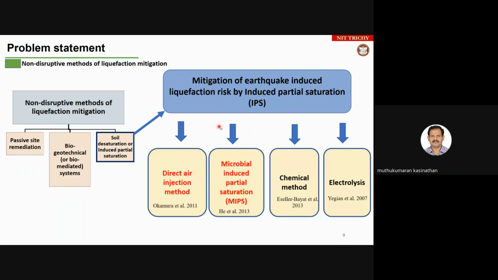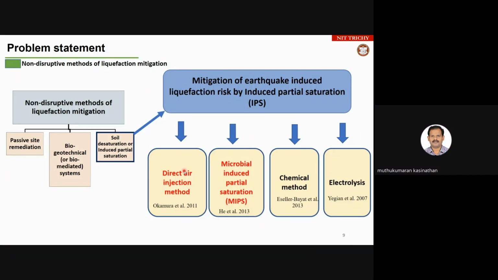Just to have a look at this, the mitigation of earthquake-induced liquefaction risk by induced partial saturation. The problem is very well known. The problem occurs where you have fully saturated soil.